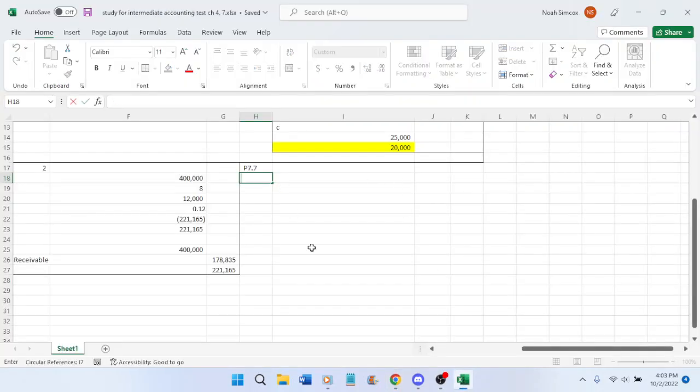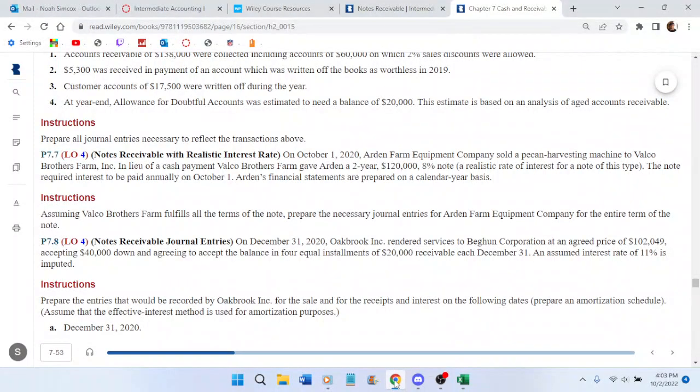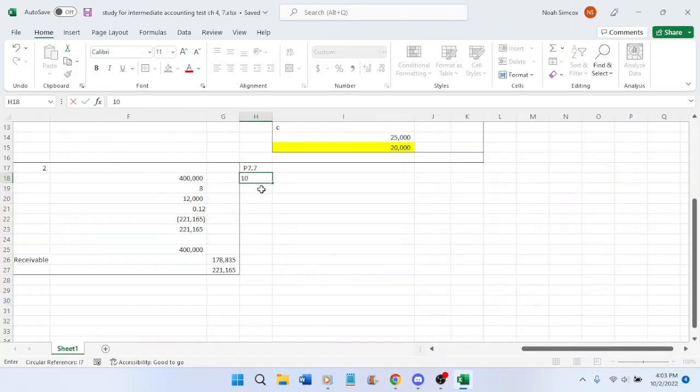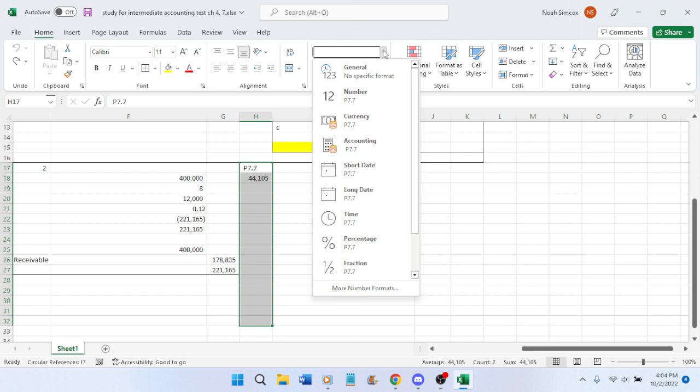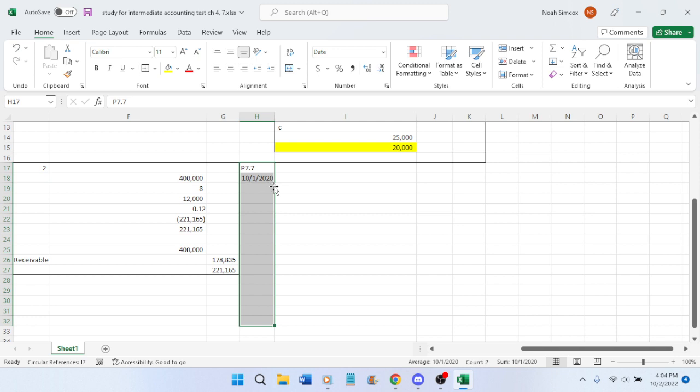So we will update 10/1/2020. These will be dates. 10/1/2020.